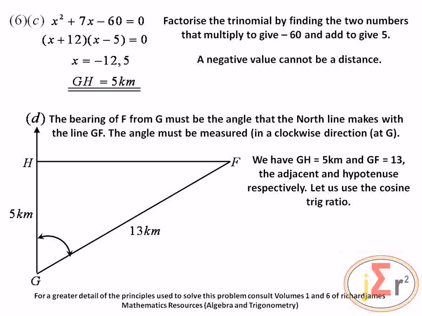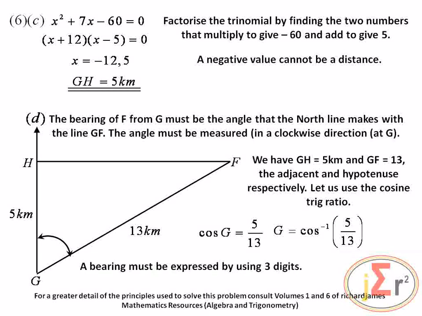Therefore, we are going to be using the cosine trig ratio in order to determine the value of that bearing. So cos of G is equal to 5 over 13. Therefore, G is equal to cos inverse of 5 over 13. And do not forget that a bearing must have 3 digits. So G is 067 degrees. And of course, we're going to write that right here.